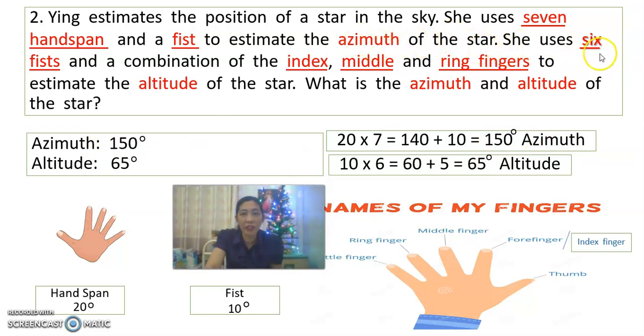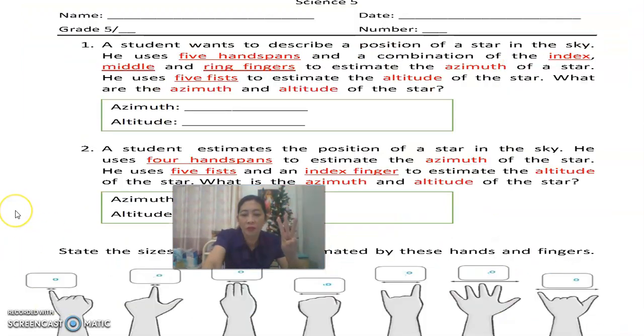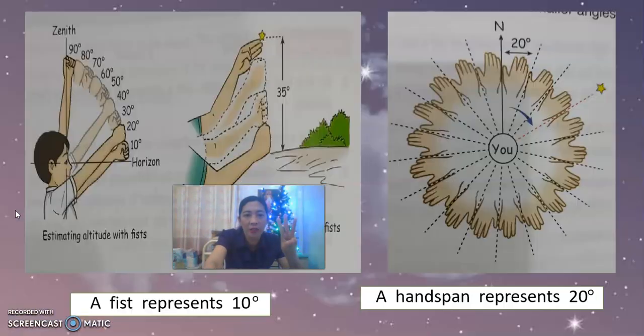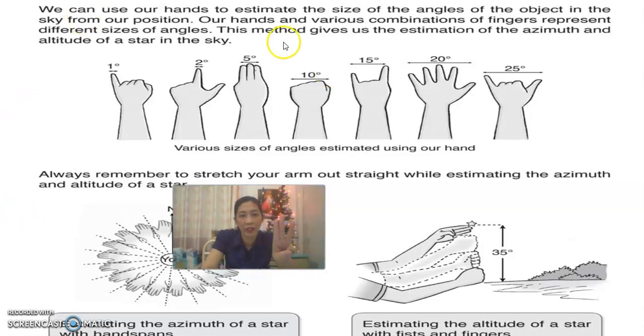She uses 6 pieces. Every piece is 10, so 10 times 6 equals 60. The combination of the index, middle, ring finger, what is the value of this? It is 5.